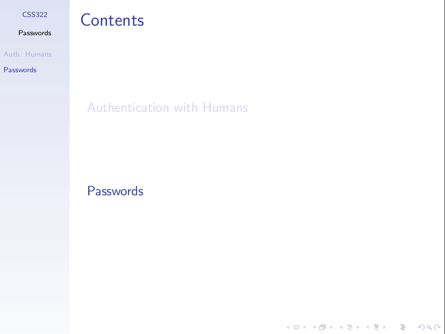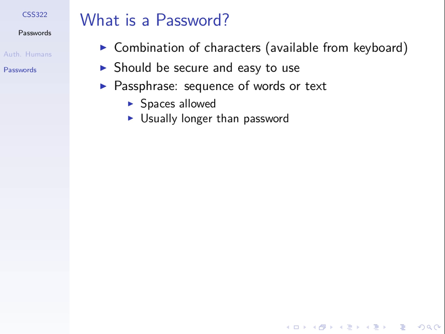Let's look just at passwords, because you use them as programmers a lot. You need to manage them. What is a password? Well, we think of it as a combination of characters available from some input device, usually a keyboard or a keypad. A password on a mobile phone may be different than on a computer.